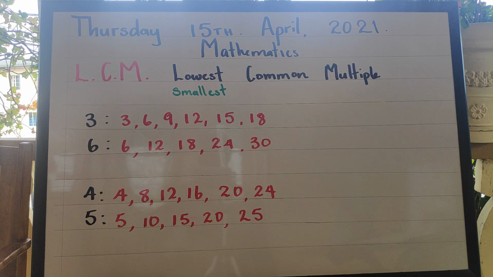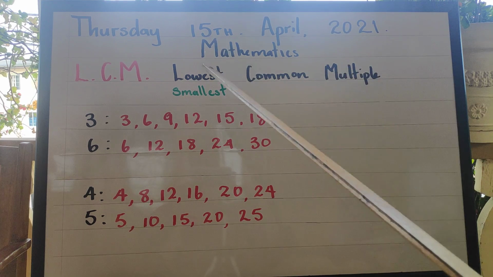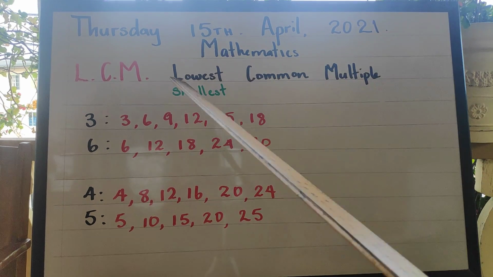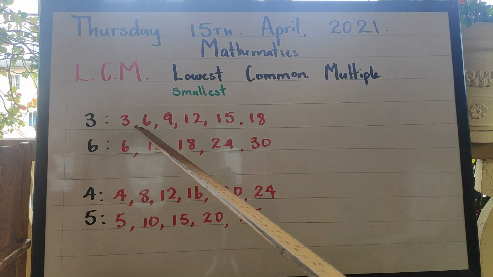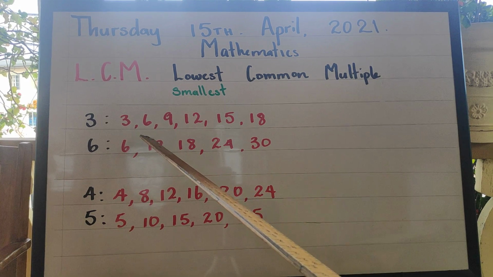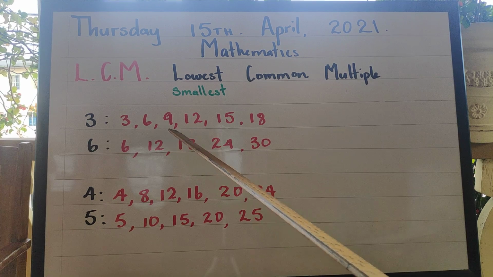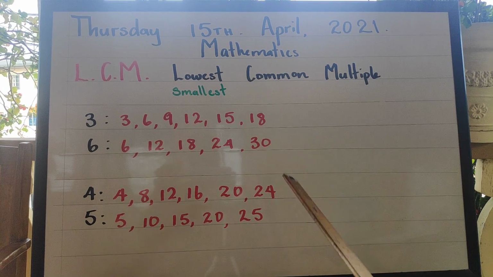Now, what is the lowest common multiple? Let's look at the common multiples first. 3 is not common, 6 is common, 12 is common, and 18 is common. So let's circle those.